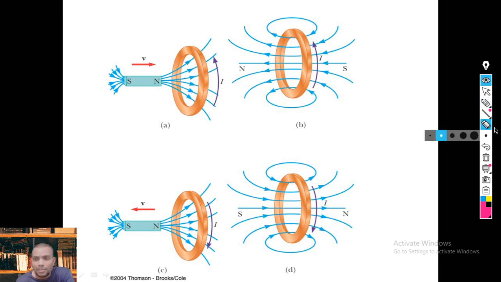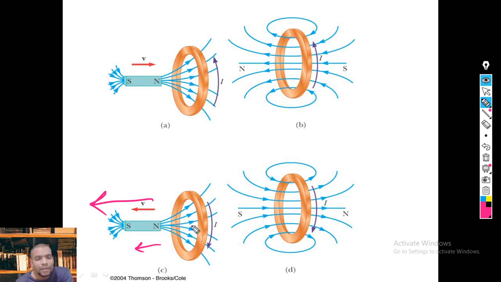But when you see the second case, when the bar magnet is moving away, it means the magnetic flux lines are moving away. Now the north pole is moving away. Now the current in the copper ring will change its direction because it is supposed to oppose it.